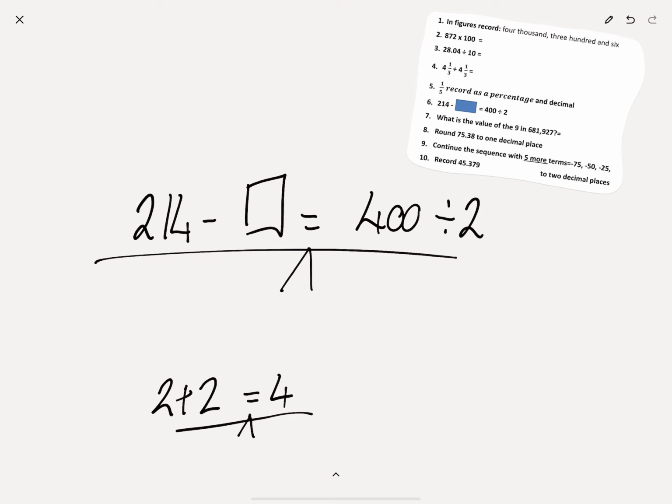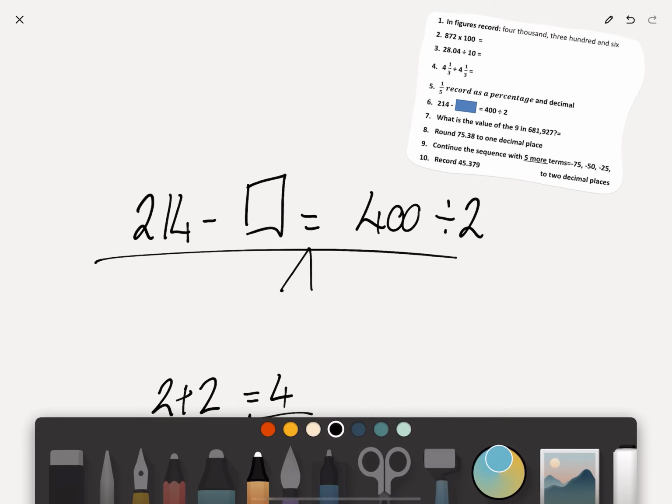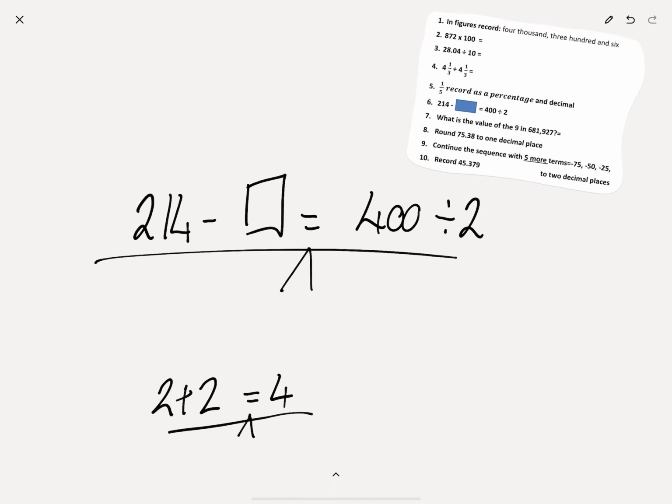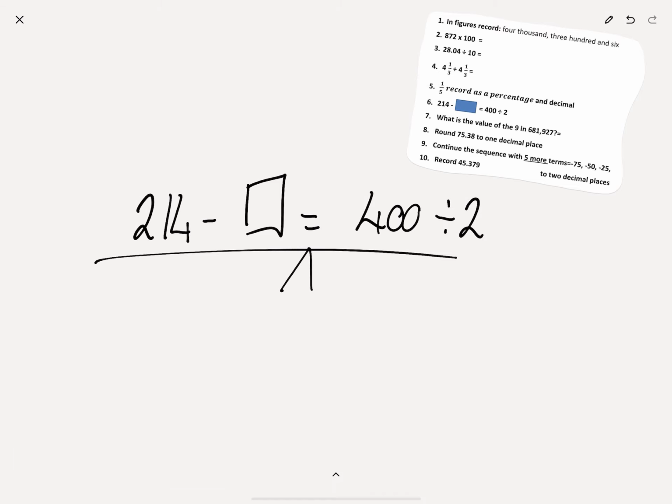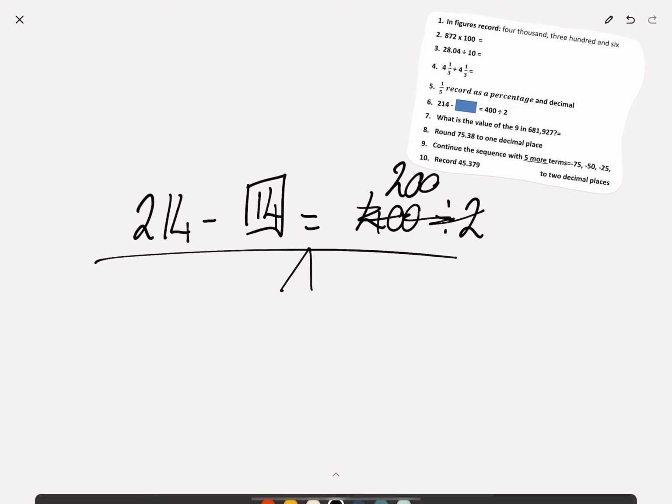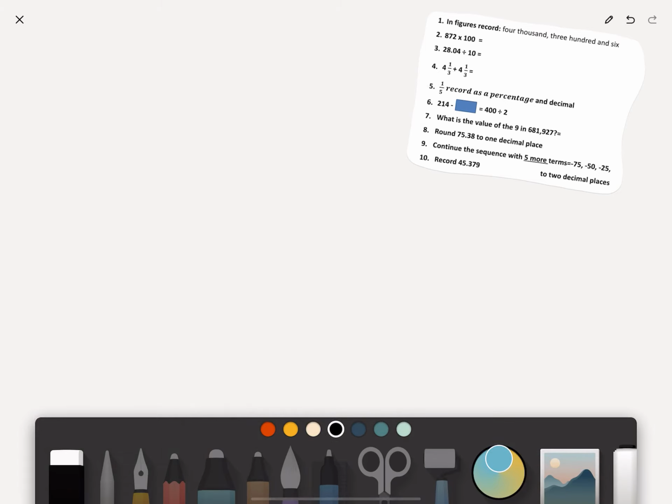So 4 weighs the same as 2 add 2. So what it's saying is 214 subtract that box needs to be the same as 400 divided by 2. Well, 400 divided by 2 is 200. So 214 subtract something must equal 200. Well, that makes it fairly obvious. It's 14 in the box.